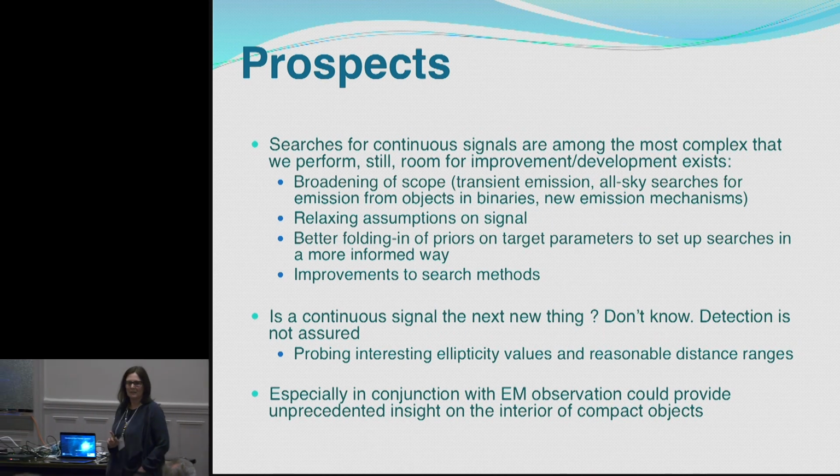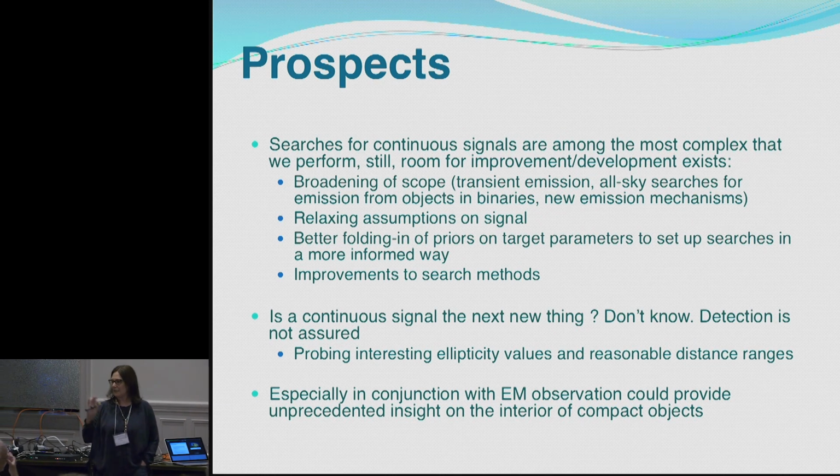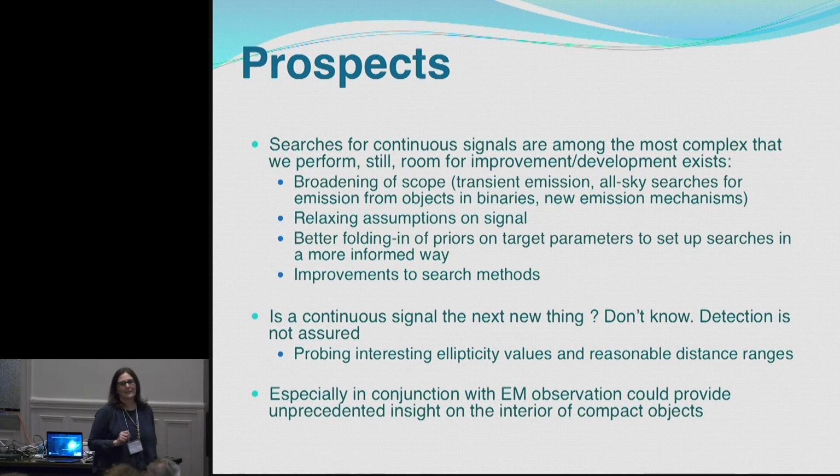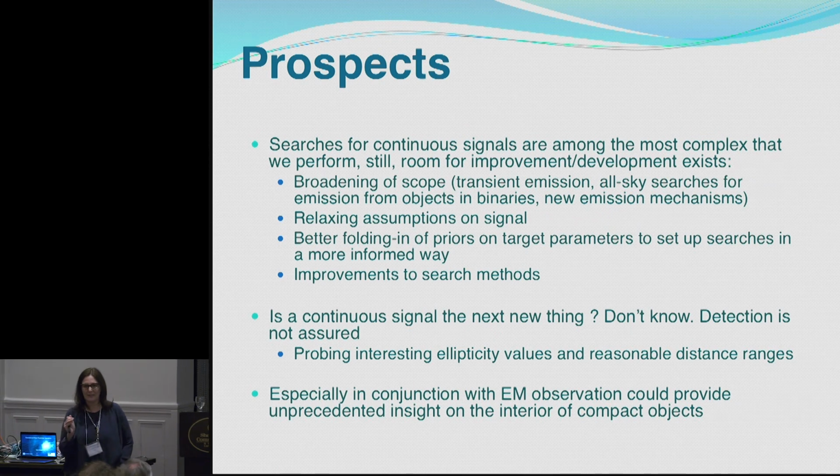Not completely quite there, because there is about a factor of 10 in sensitivity between the targeted searches and our blind surveys. And so one way to ask, is this really the best that we can do? You should ask how much you can't really do anything about, which is the trials factor. And that's about a factor of 5, 6.